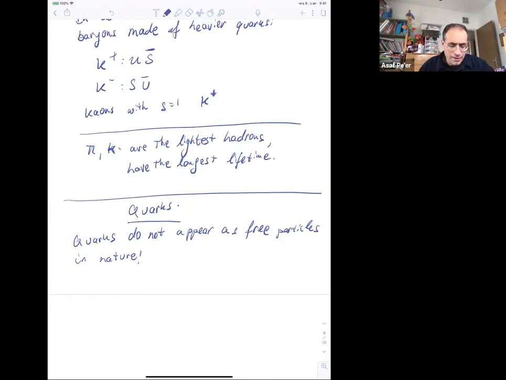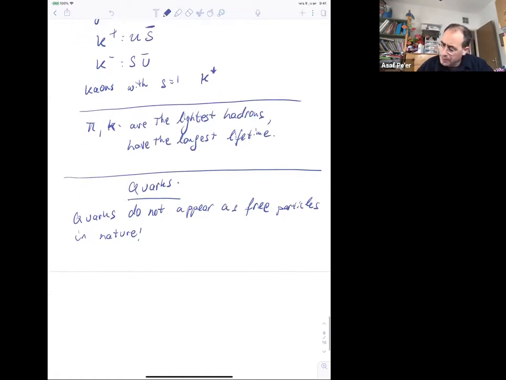No objects with a non-zero color charge can exist as free particles. So the wave function of a color carrying particle, which is the quarks and the gluons, is limited to the size of the proton, which is 1 Fermi.